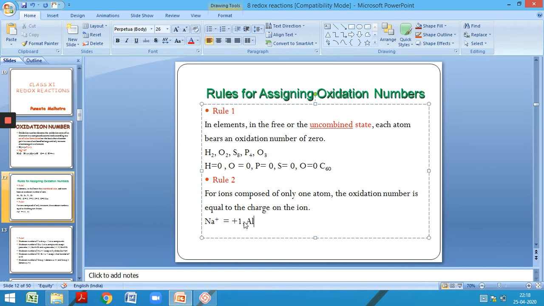Another example, aluminium ion is Al3+, so the oxidation number of aluminium in this ion is going to be +3, since the charge on aluminium here is +3. Similarly, for oxide ion, that is O2- ion, the oxidation number of oxygen in oxide ion is going to be -2 because the ion has a charge of -2, and this is true for any ion which is composed of only one atom.